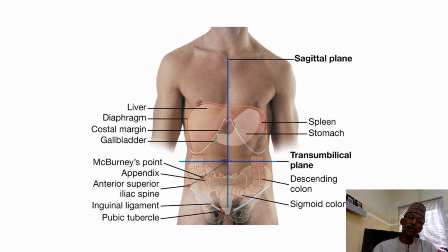Other important organs in the abdomen include the pancreas, which is located immediately below the duodenum, approximately in the middle of the abdomen.